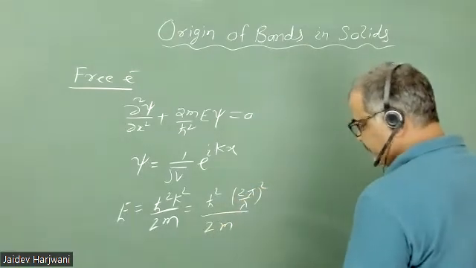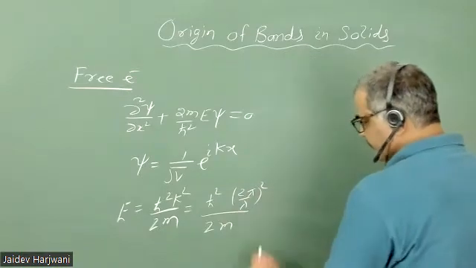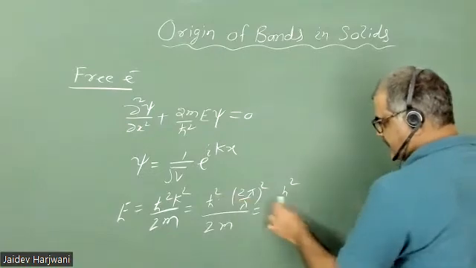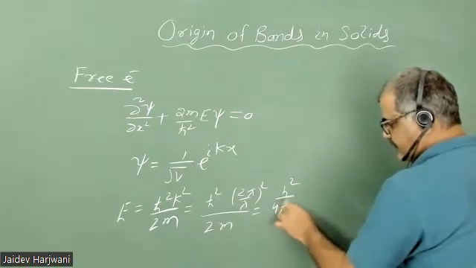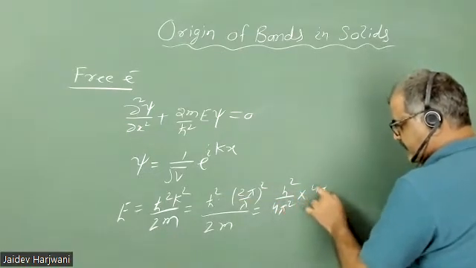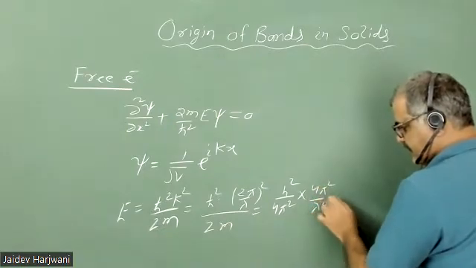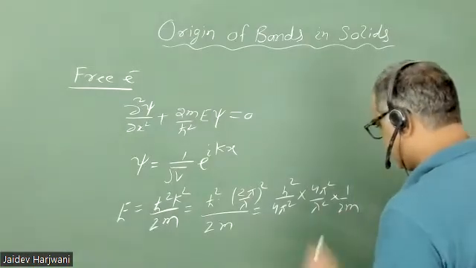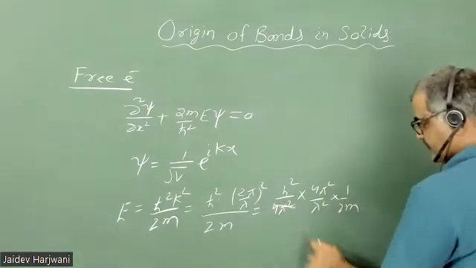Now if you solve this further, you get h cut square, which means h square over 4 pi square, times 4 pi square by lambda square and 1 by 2m. Now simplify this.